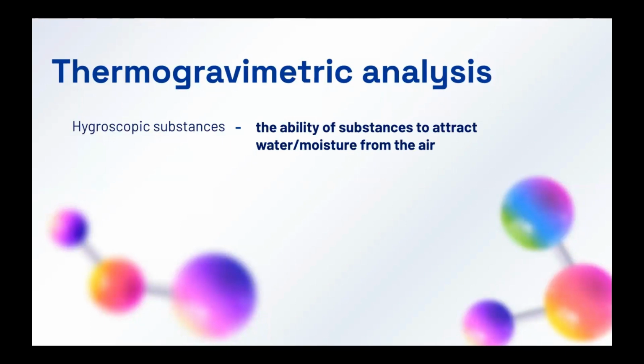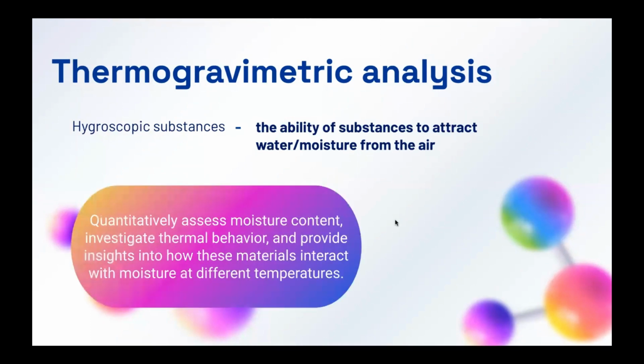So why is this related to thermogravimetric analysis? Thermogravimetric analysis quantitatively assesses moisture content, investigates thermal behavior, and provides insights into how these materials interact with moisture at different temperatures. So that is the relationship between thermogravimetric analysis and hygroscopic substances.